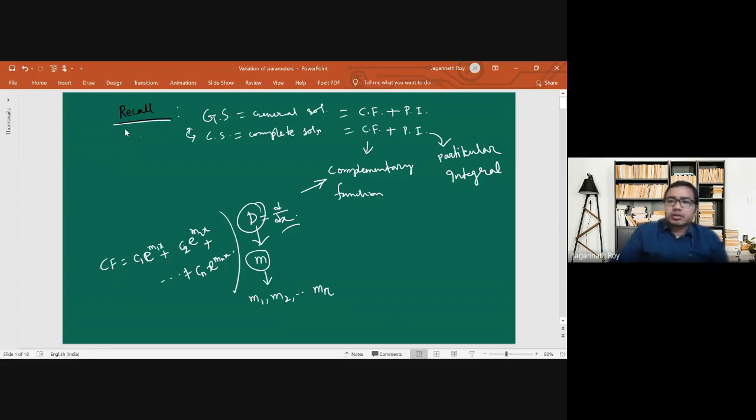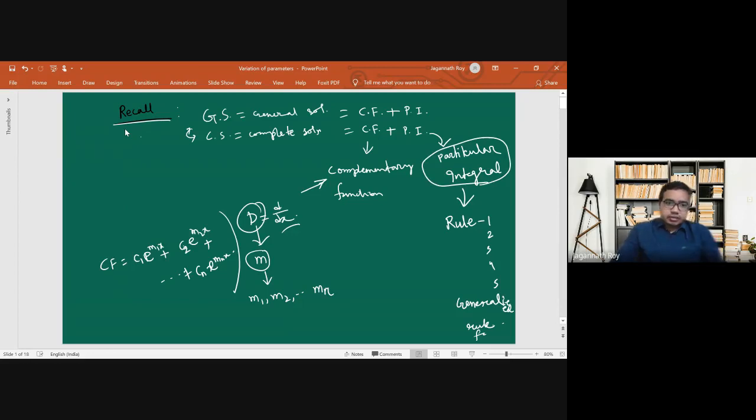And we have seen there are rules 1, 2, 3, 4, 5, and finally the generalized rule for finding the particular integral.